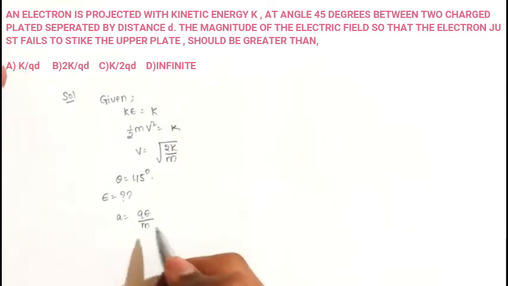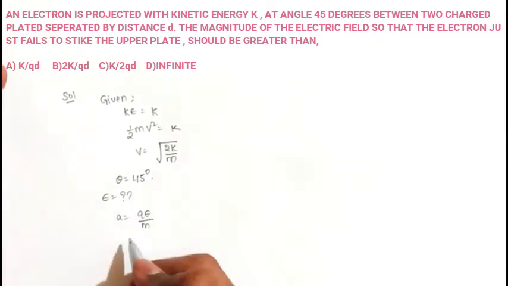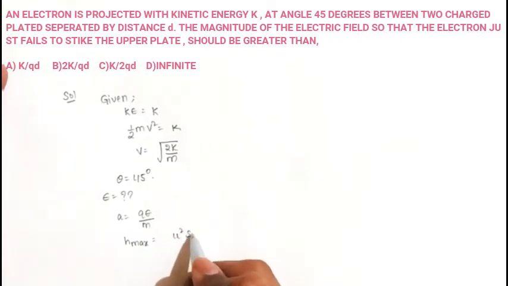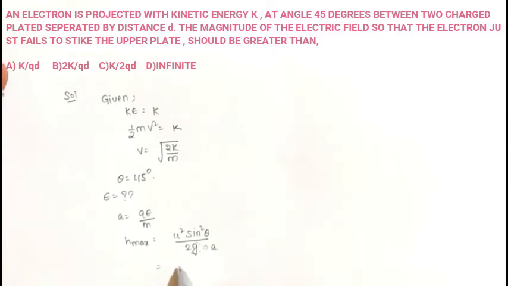As our acceleration is QE by m, now as we know that H max equals u square sine square theta divided by 2g, then here g is a, acceleration, equals v square, that is under root 2k by m whole square into 1 by 2, divided by 2a.